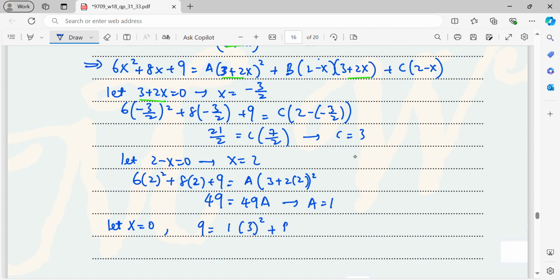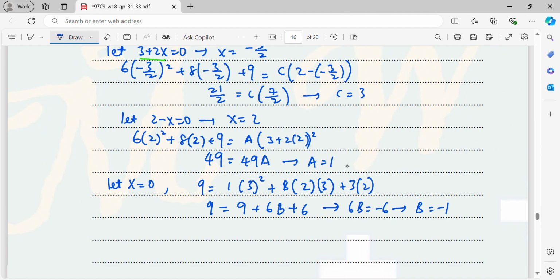The B remains, 2 minus 0, then times 3. C is replaced by 3, 2 minus 0 is 2. So here 9 equals 9 plus 6B plus 6. So the 9 will be cancelled off from both sides. Therefore 6B equals minus 6. At last, your B is minus 1.